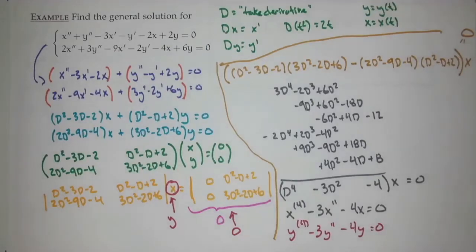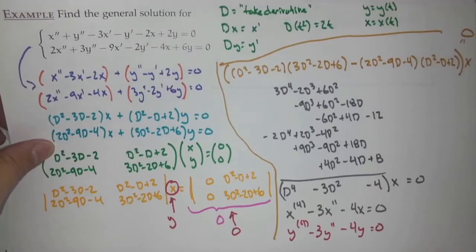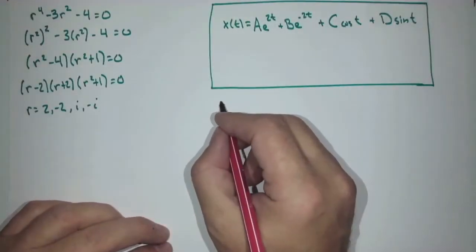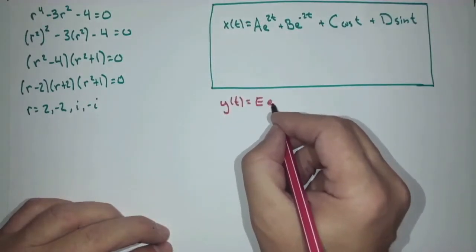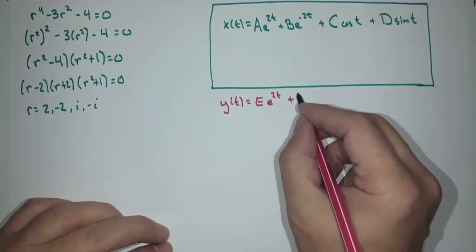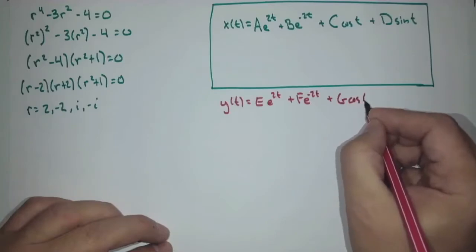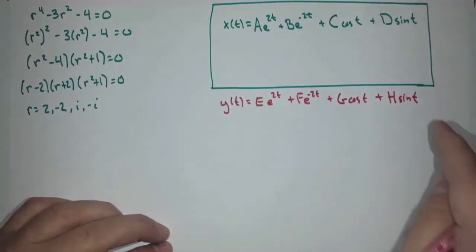Everything's the same; we just switched the symbols x and y. We've already solved that differential equation, so we can write down the answer. Y is something e to the 2t plus something e to the minus 2t plus something cosine t plus something sine t. And I just have E, F, G, H.